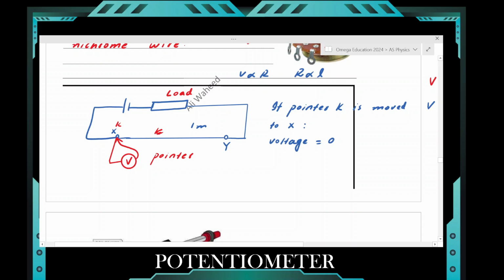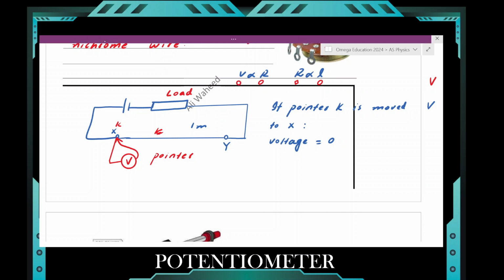The answer is 0 meters, because both the points are at exactly the same point, so you have not used any part of the nichrome wire. The length you have taken is 0, hence the resistance would be 0, and eventually if the resistance is 0, the voltage would also be 0. So far so good.